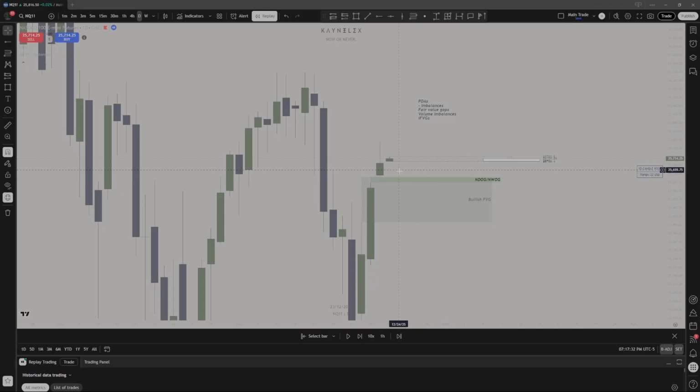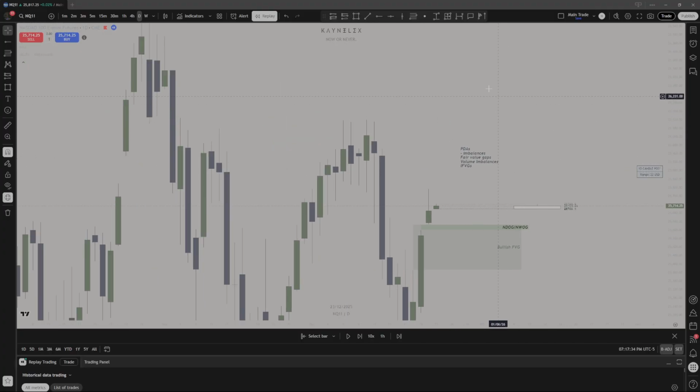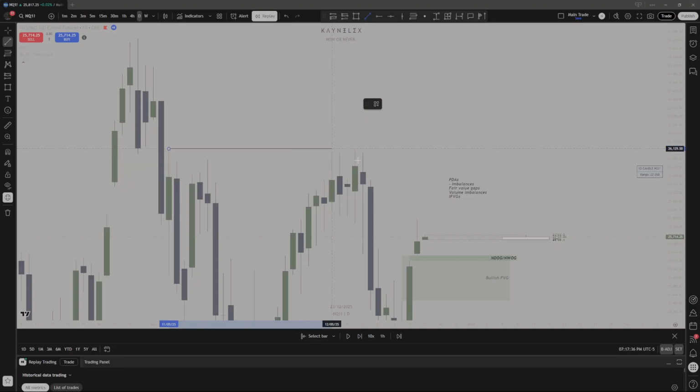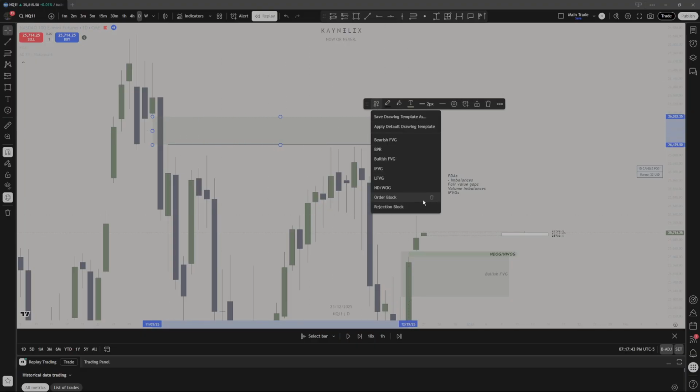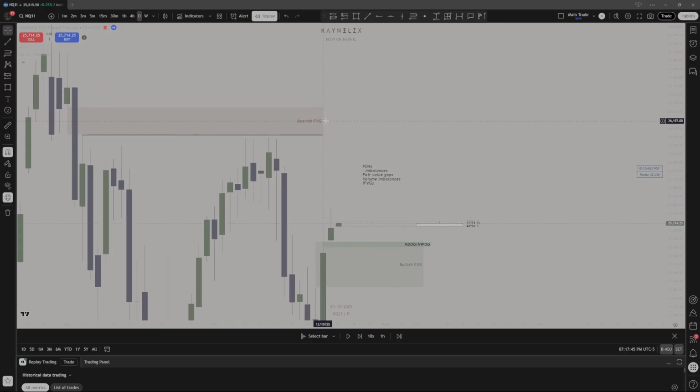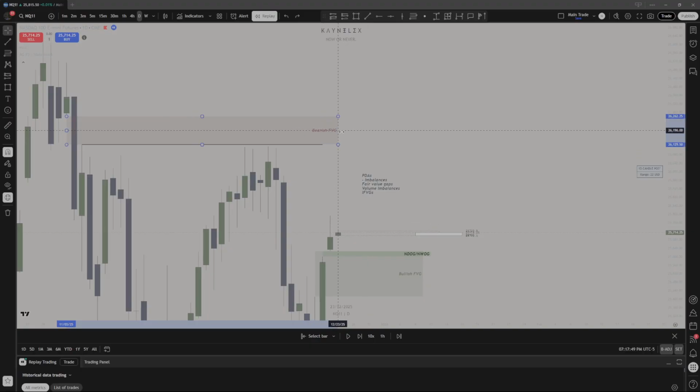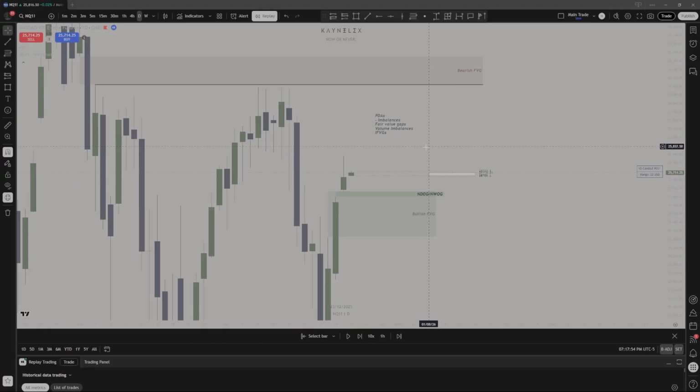We have our PD arrays, and we actually had these relative equal highs at a daily fair value gap. So let's mark that out too. We're not really going to do anything with this, but we can assume that, after we tap the PD arrays below here, we can start going for these equal highs in the bearish fair value gap.